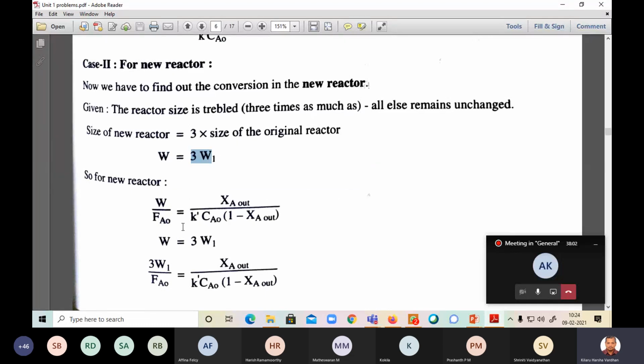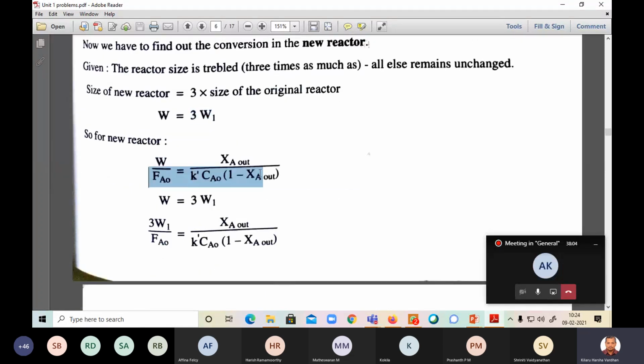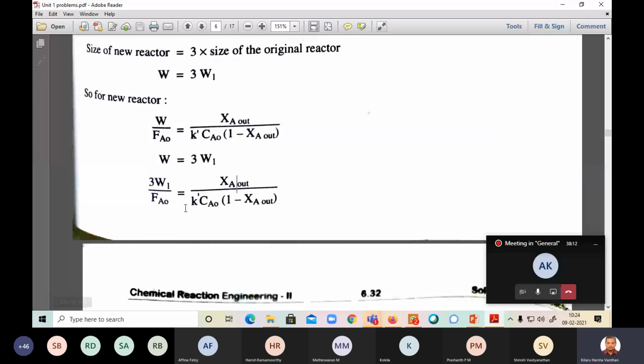So you substitute in the expression for the mixed reactor. Substitute W as 3W1. Therefore, 3W1 by FA naught is XA out by K dash CA naught into 1 minus XA out. We don't know XA out; we have to calculate it. We know W1, because we already got W1.